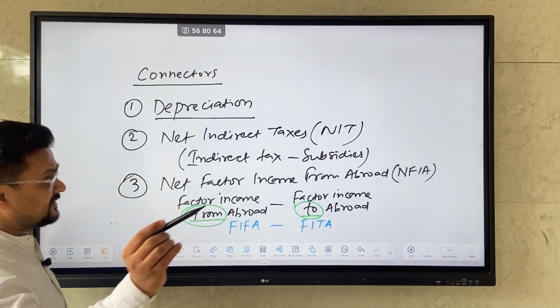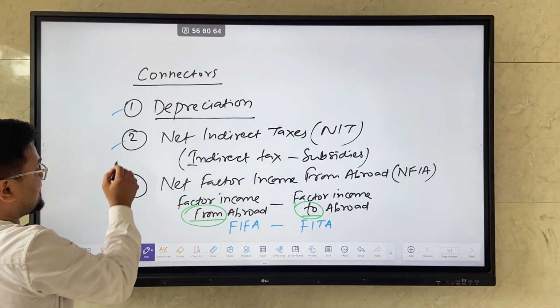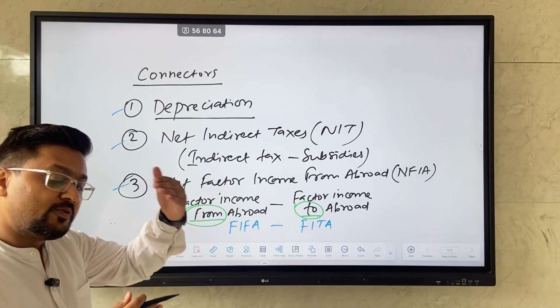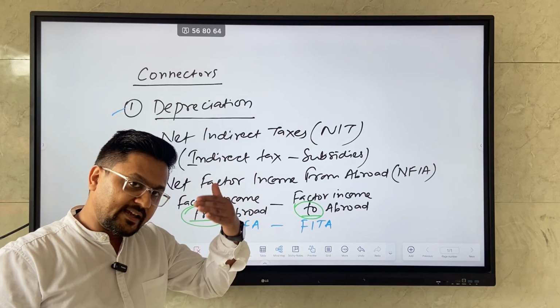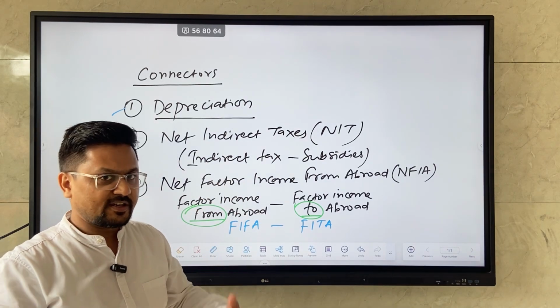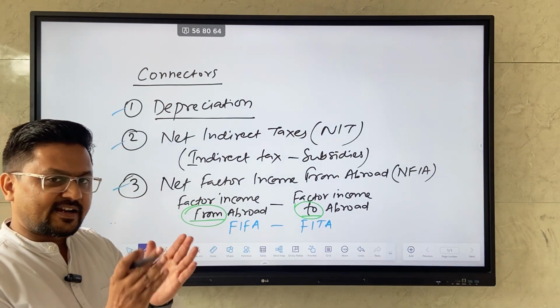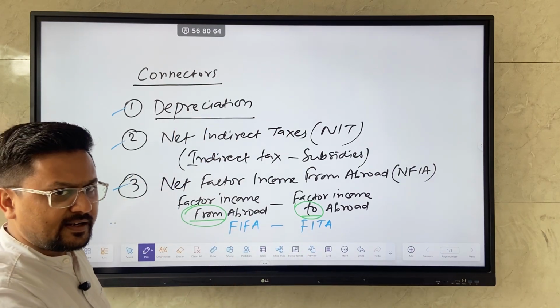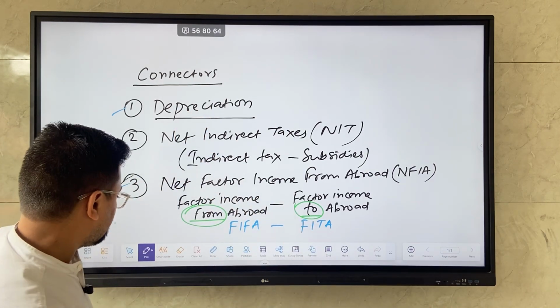So remember, these are the connectors. Okay, so these will be used to understand how you can get one aggregate from the other aggregate. Okay, so quickly let's understand how these connectors will be used to get one aggregate from the other.